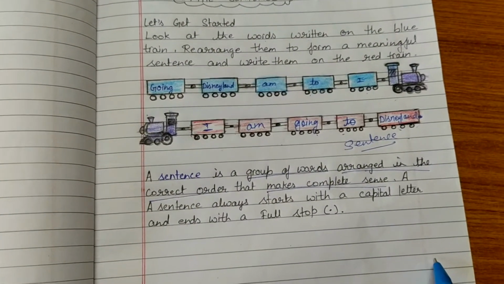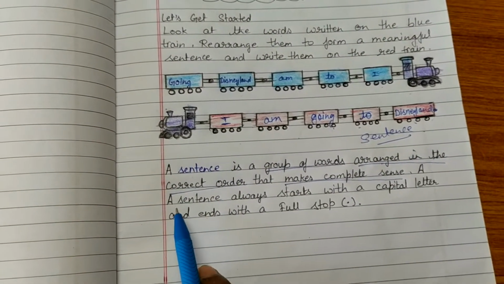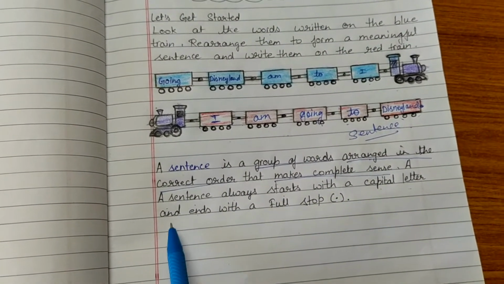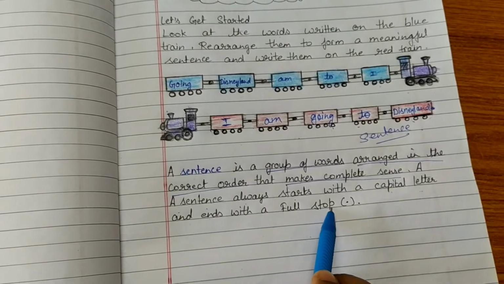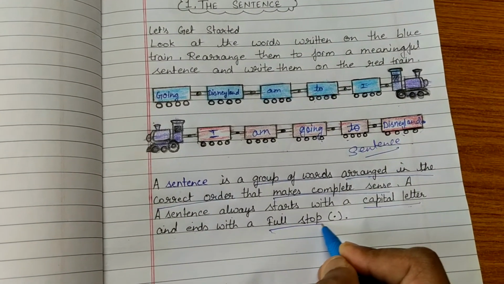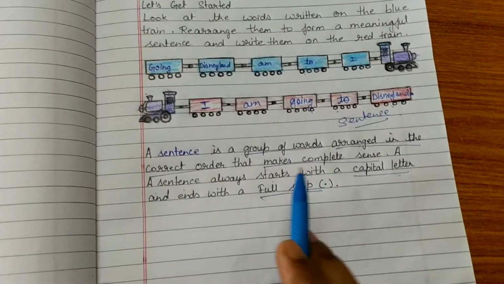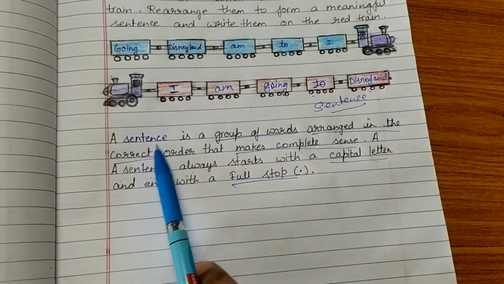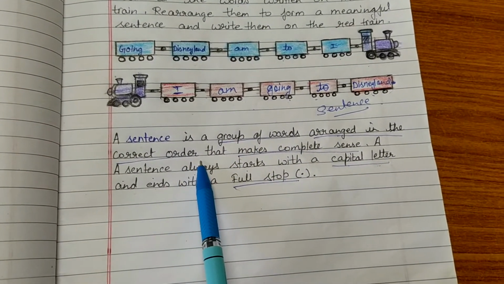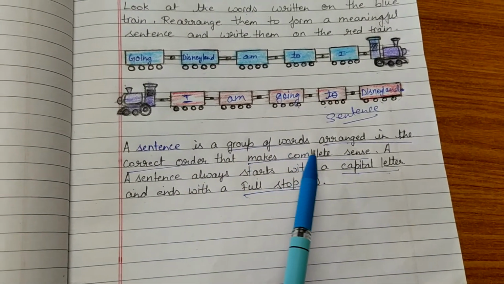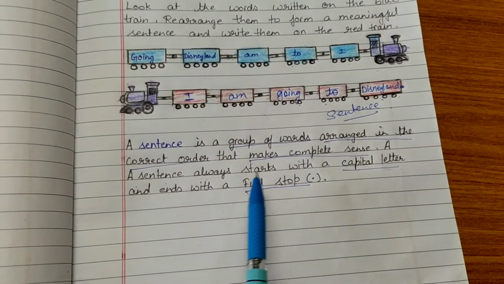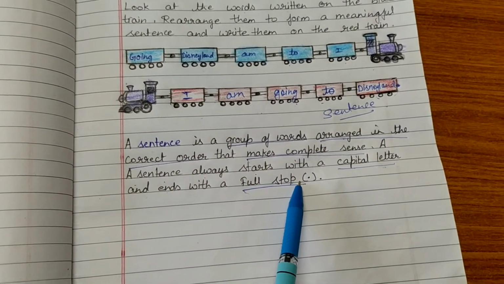And some other points are, a sentence always starts with a capital letter and ends with a full stop. So again I'm repeating: a sentence is a group of words arranged in the correct order, and it must make sense. It starts with a capital letter and ends with a full stop.